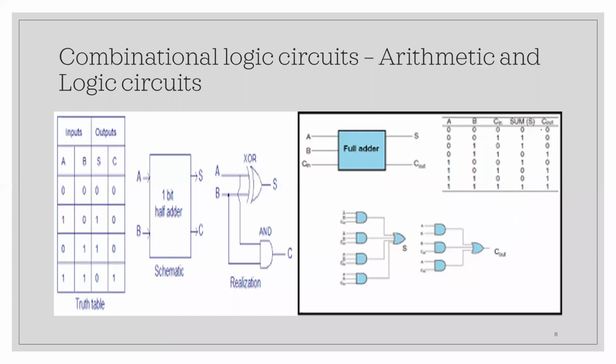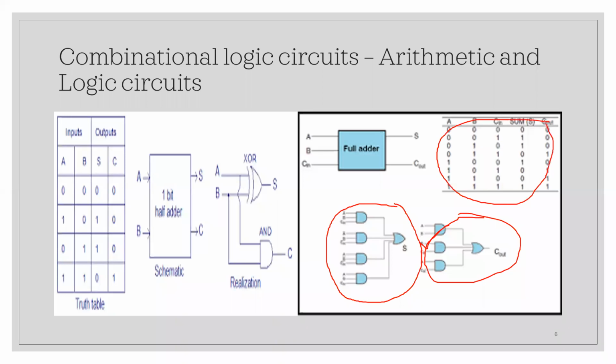When I again use the K-map and try to reduce the expression, it turns out to be a circuit in this form for sum, and this is for the carry. Using K-map or any other technique you know, you will be able to obtain the expression.